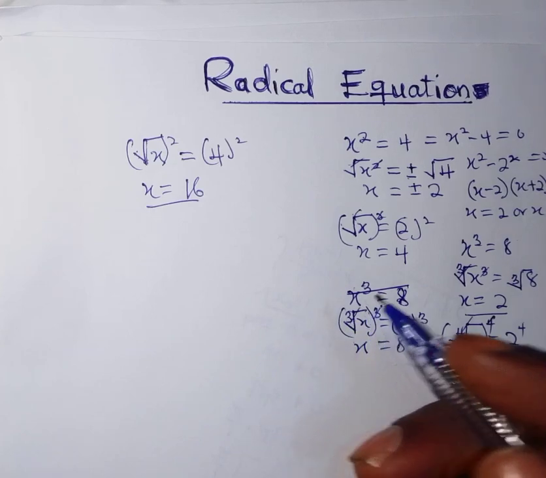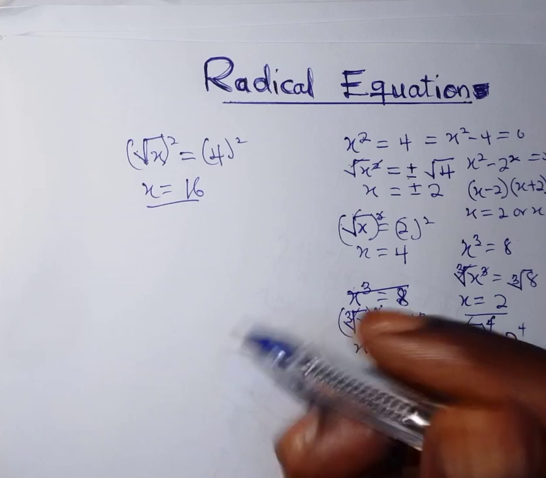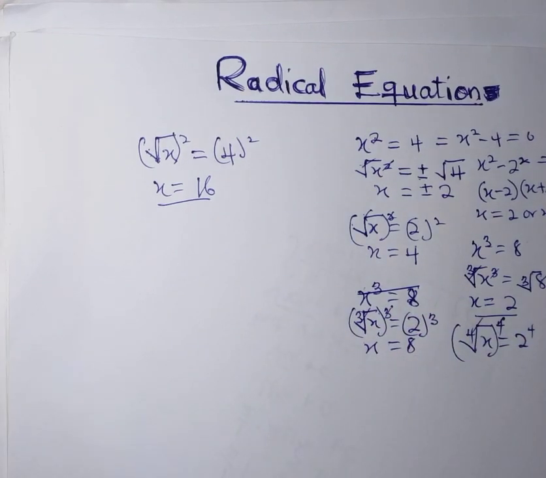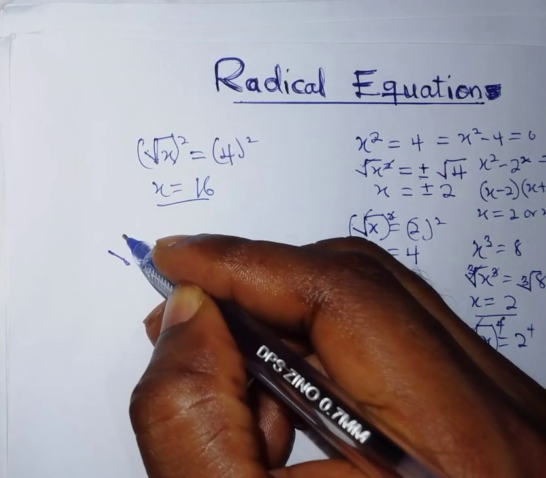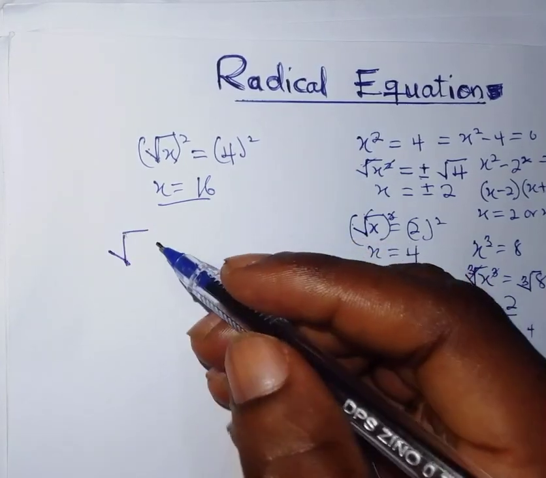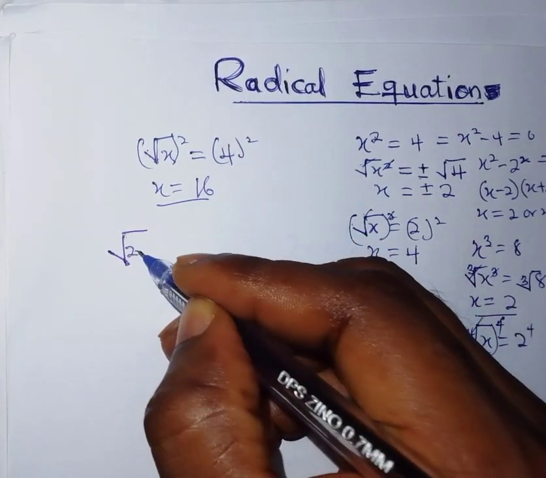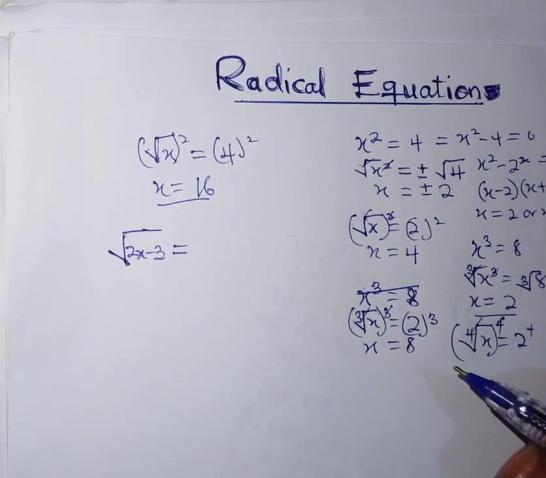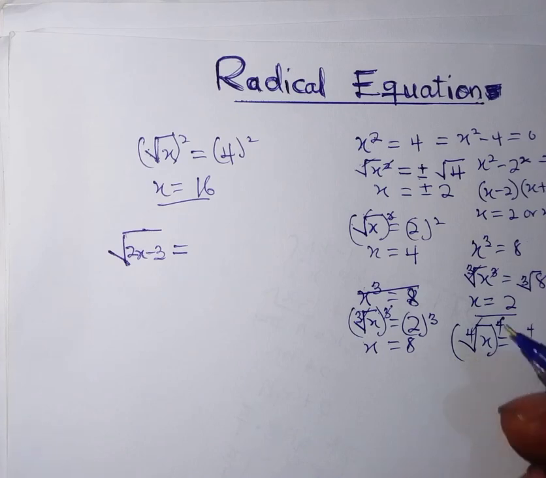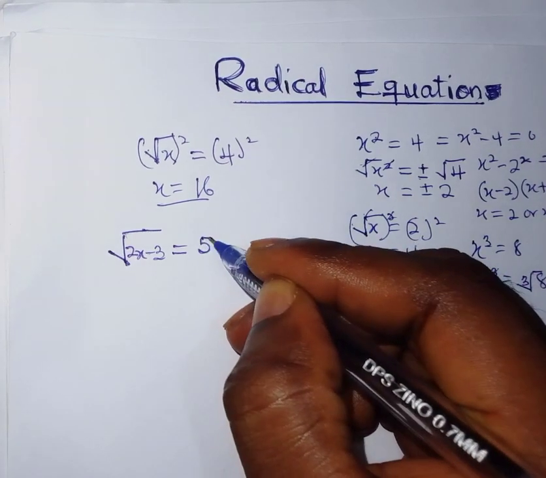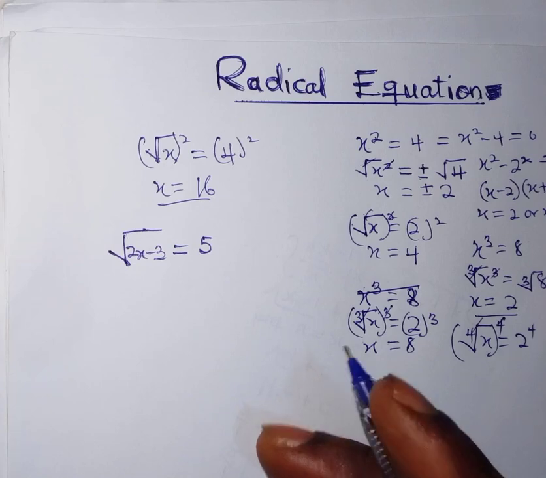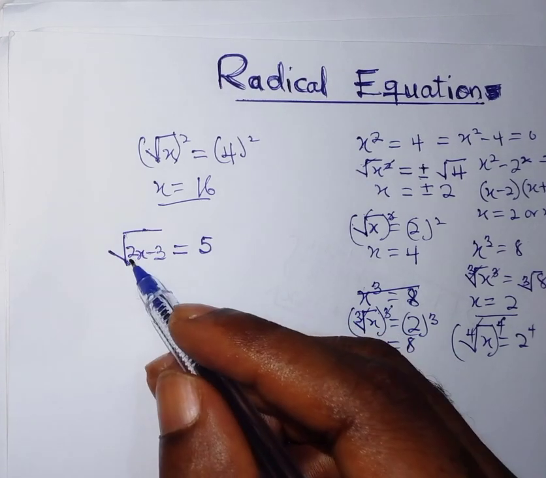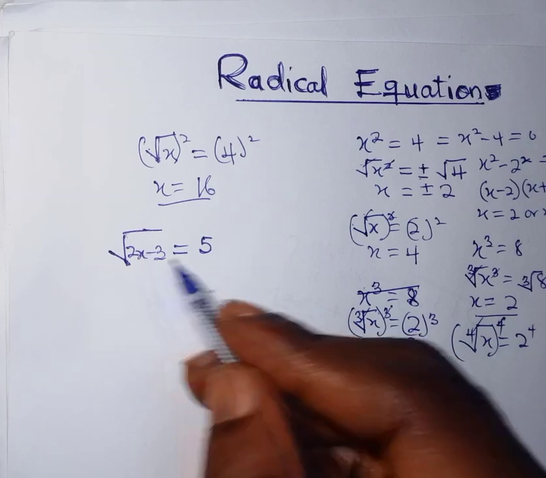Now let's go deeper. If I give you this example, let's say you have the square root of 2x minus 3, which is equal to 5. If I give you this and ask you to find the value of x, this is also a radical equation.